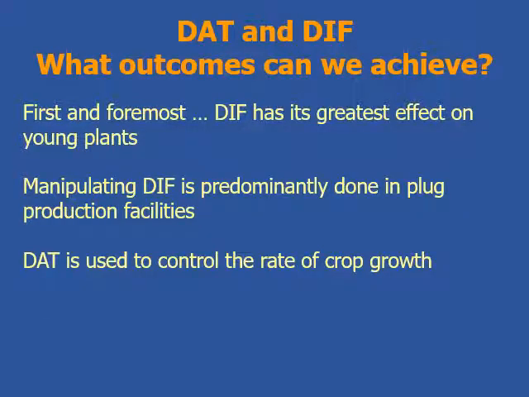Now, using both daily average temperature and DIF, what can we achieve, right? Right off the bat, I want to be clear, this doesn't work really well on mature plants or slow-growing plants. For example, you work in a nursery and you're growing boxwood bushes or maple trees, DIF's not doing much for you.